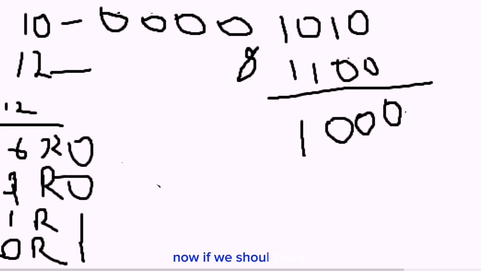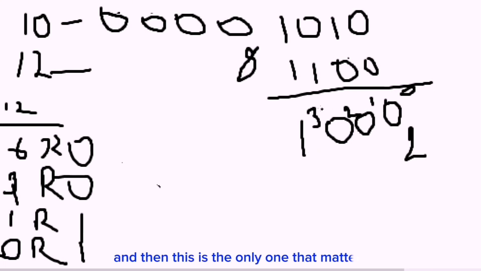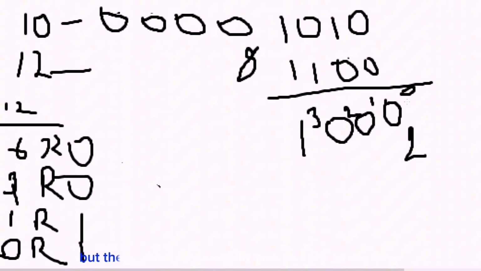Now, this is base 2. Those of us who are good in maths, if you want to convert this back to decimal, we have 2 raised to power 0, 2 raised to power 1, 2 raised to power 2, and 2 raised to power 3. This is the only one that matters, because by the time we multiply 1 times 2 raised to power 3, it will give us an answer. But these other ones will give us 0.